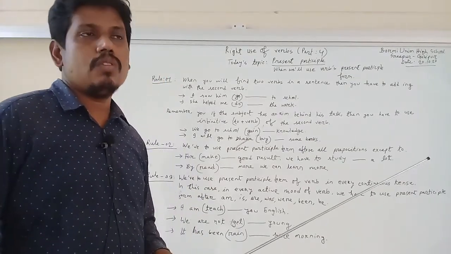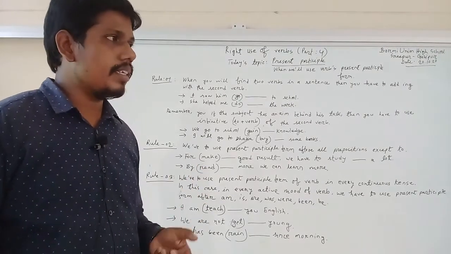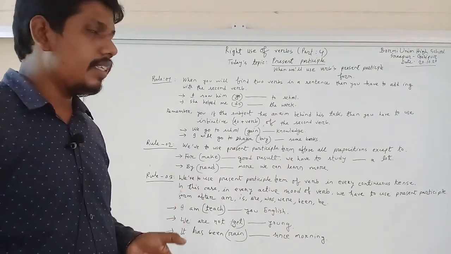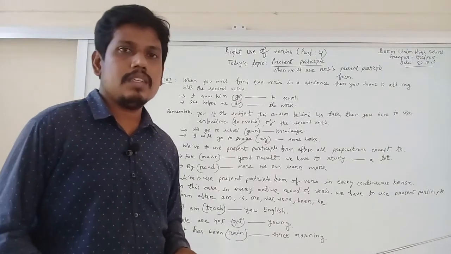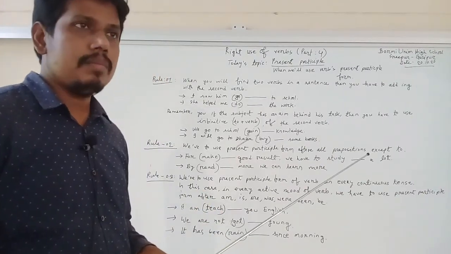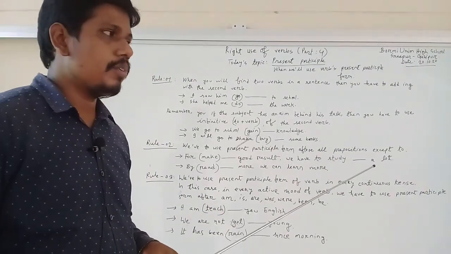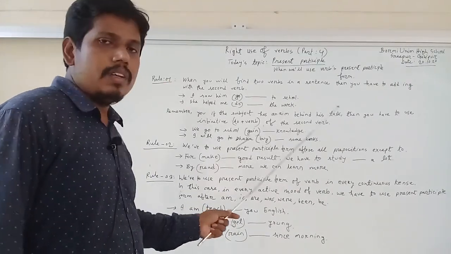Why do you go to school? To gain knowledge. In this case, there is an aim before completing the task. In this case, you have to use infinitive form of verb, and you know what is infinitive. Infinitive is to plus verb, and it will act like a subject, object and object of preposition. In this case, you have to use to gain knowledge.